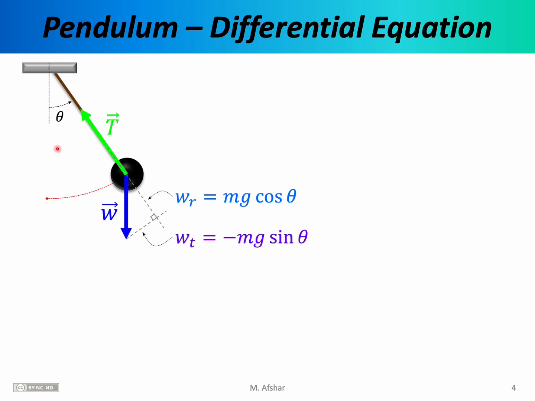Here, theta is the angular position or displacement of the pendulum. If this angle here is theta, then this angle here in the right triangle is also theta. And then with a little bit of trigonometry, you can figure out that the radial component must be mg cosine theta, and the tangential component must be minus mg sine theta.